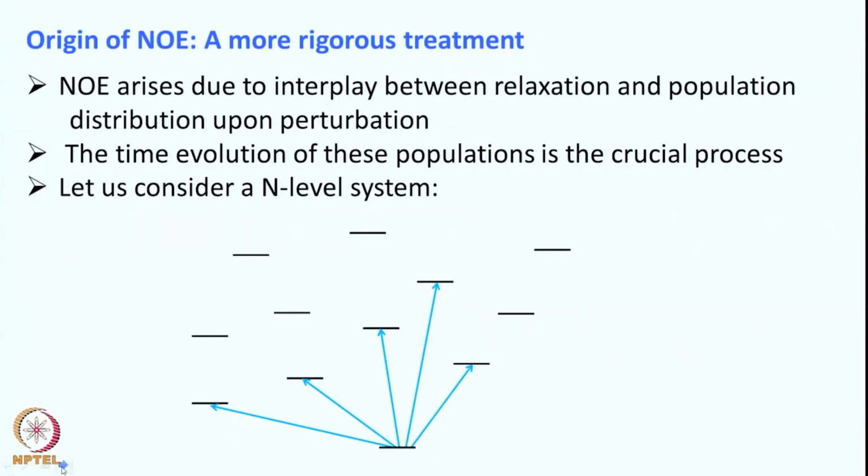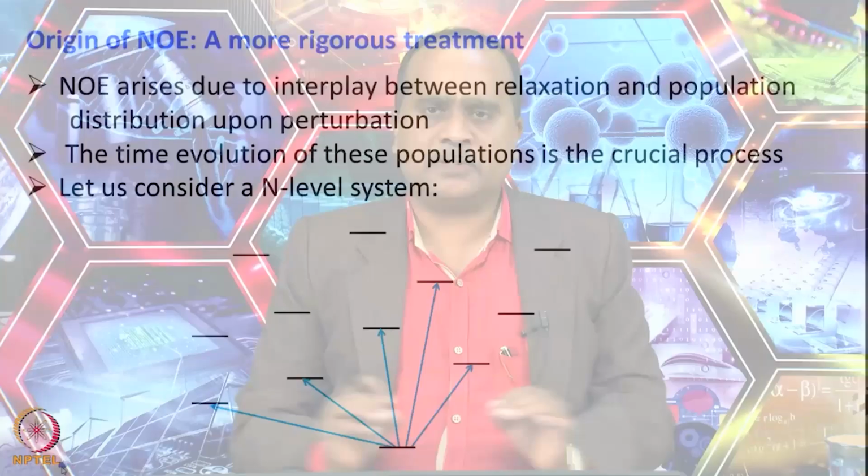That was a qualitative description of NOE, how NOE can arise and what kind of NOE we have. We looked at the two kinds of NOE experiments, steady state or transient NOE, and the outcome in one case was positive and in the other negative. So, let us try to understand a little more rigorously the origin of this NOE. As we understood, NOE arises due to the interplay between relaxation and population distribution upon perturbation.